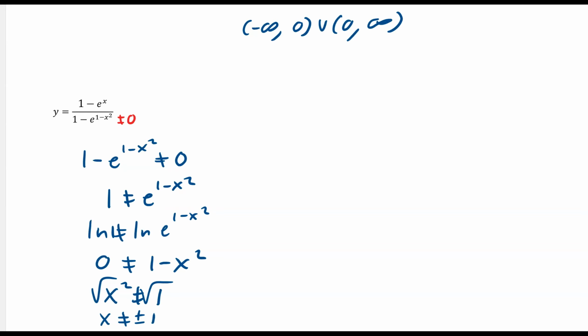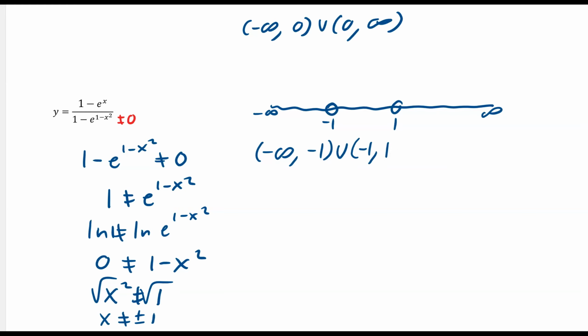So our interval would be that everything on the line is good except for negative 1 and 1, from negative infinity to positive infinity. So negative infinity to negative 1, union negative 1 to 1, union 1 to infinity.